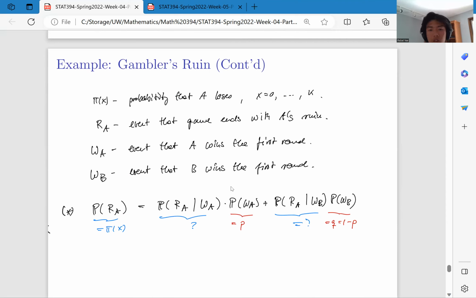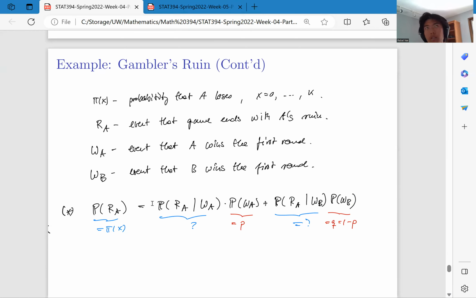The probability that A is ruined is P times the conditional probability that A is ruined given that A already won the first round, plus the probability that A will be ruined in the end given that B already won the first round, times the probability that B wins the first round, which is 1 minus P here.